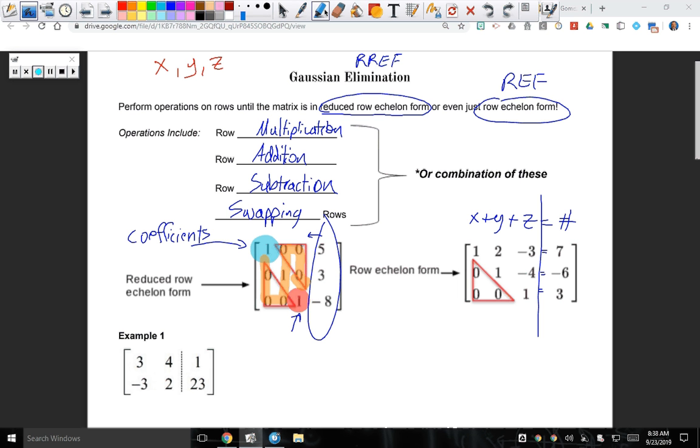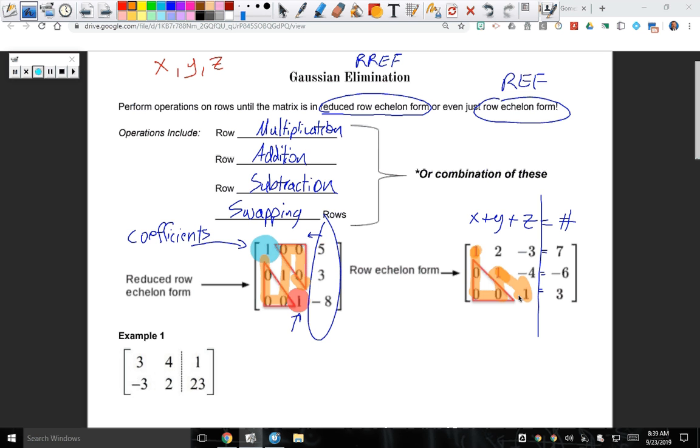So row echelon form still starts at the same place. The only difference is it stops here, ensuring that 1 is my coefficient. So you still go down, right, up, making that 1, and then finally you make that 1, and then you can be done. Okay?